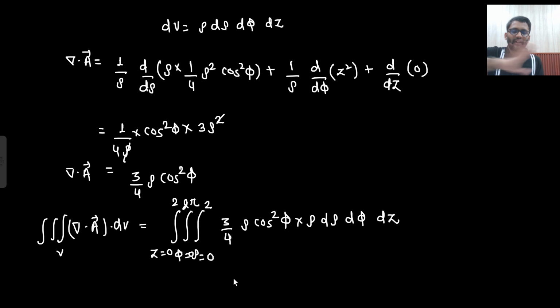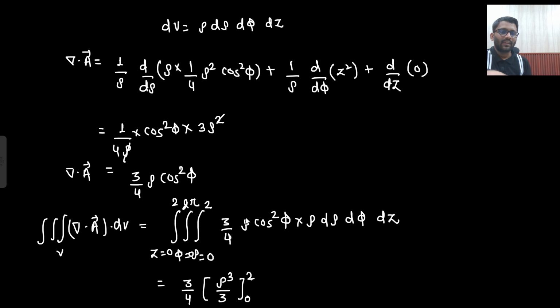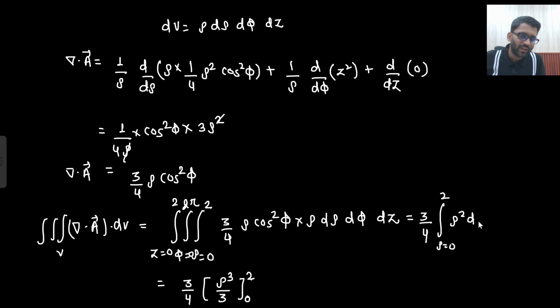Just you need to take care of the calculation now, which is the biggest task for you as well as for me, because I also make a lot of calculation mistakes. So 3 by 4 will come outward. Rho square d rho will be there, so it will be rho cube by 3 from 0 to 2. First I will take the limit of rho, which is rho square d rho.